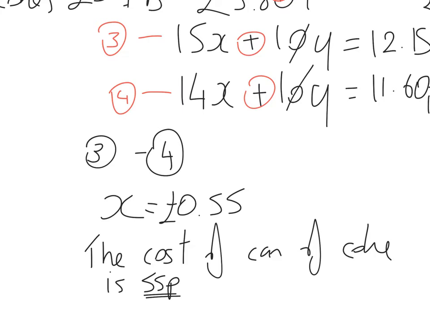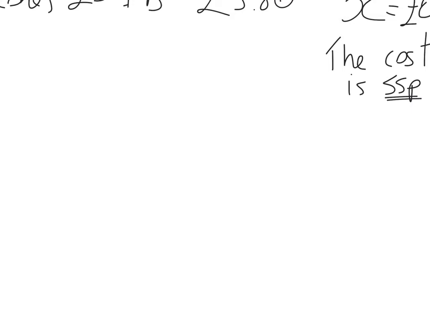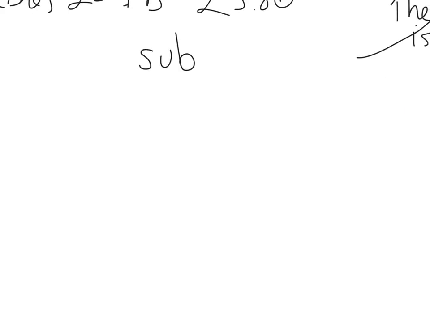So let's find the cost of a can of Irn-Bru. That means subbing in, so we're going to sub x equals £0.55 into one of the equations, so let's go into equation 1.